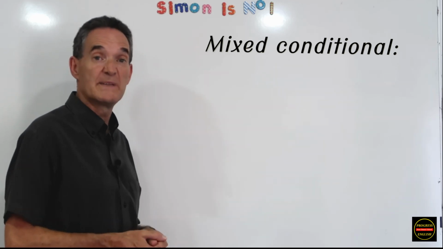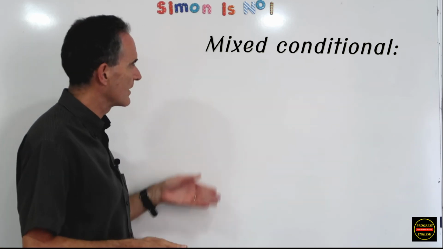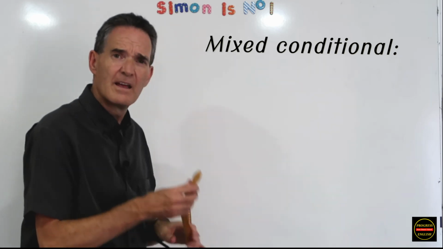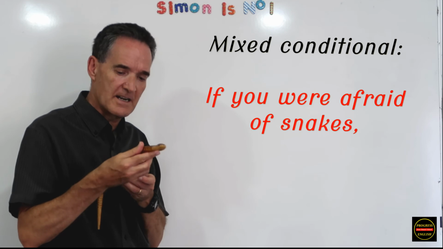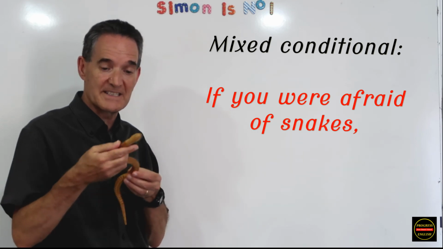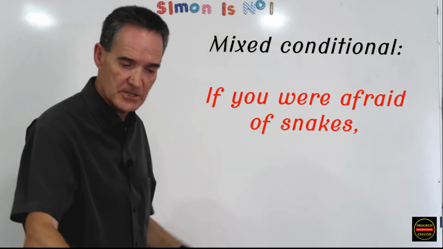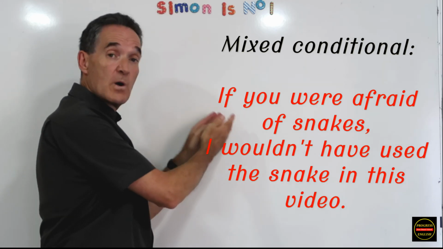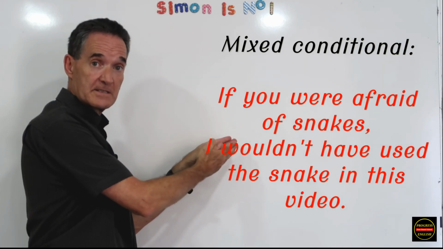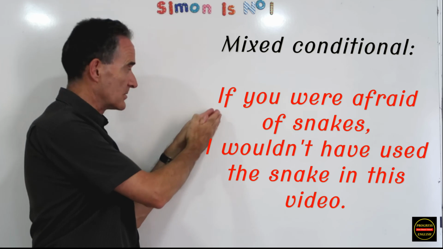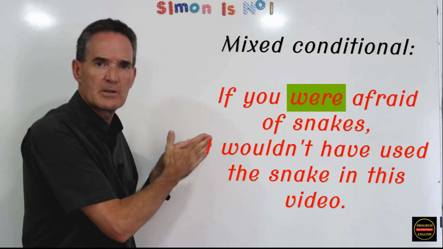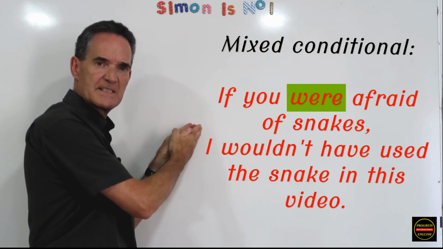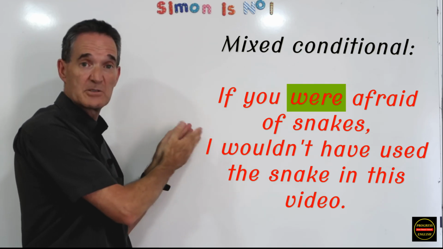Okay, let's have a look at one mixed conditional too. If you were afraid of snakes, I wouldn't have used the snake in this conditional today. If you were afraid of snakes, second conditional, the subjunctive, simple past. But you are not afraid of snakes. So this is talking about a condition which is not true.